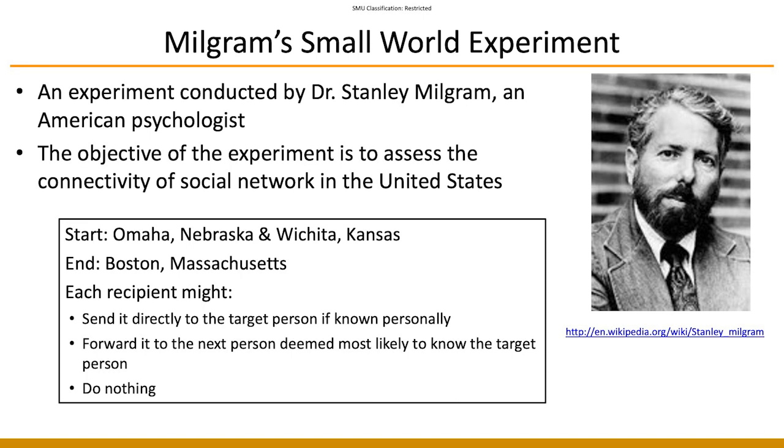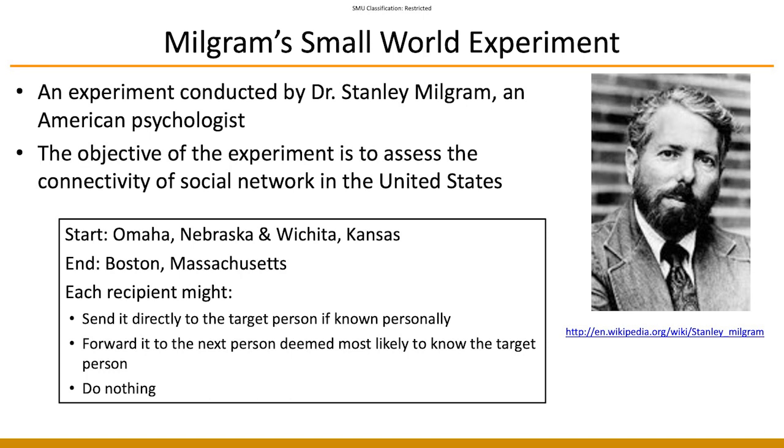So in the area of social networks, one of the most well-known findings is what we call the small world phenomenon. The name of this small world phenomenon actually comes from Dr. Stanley Milgram. He's not a computer scientist.